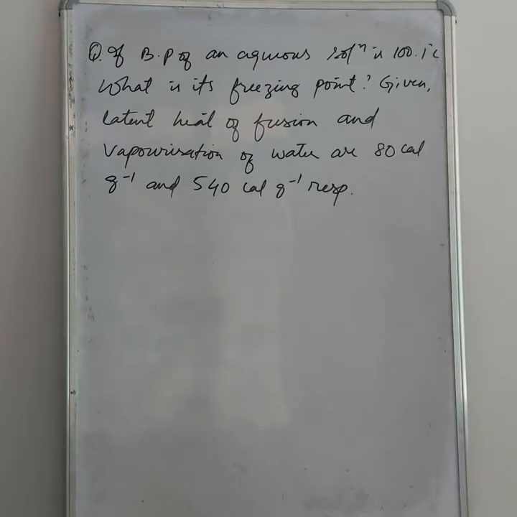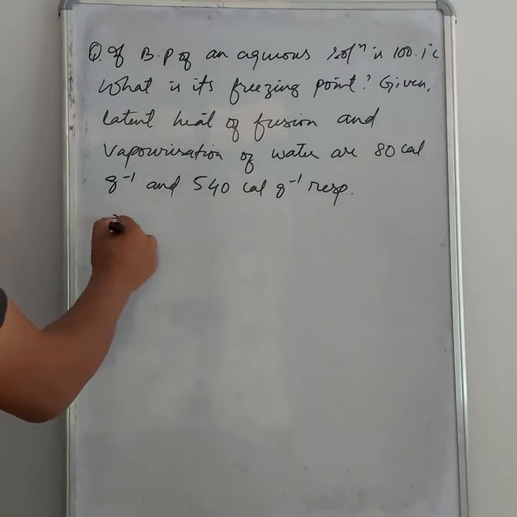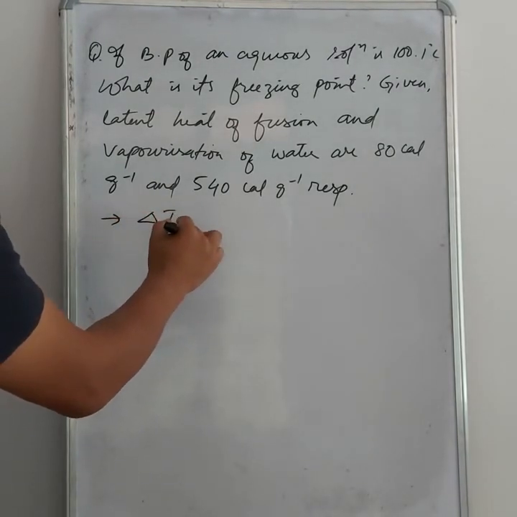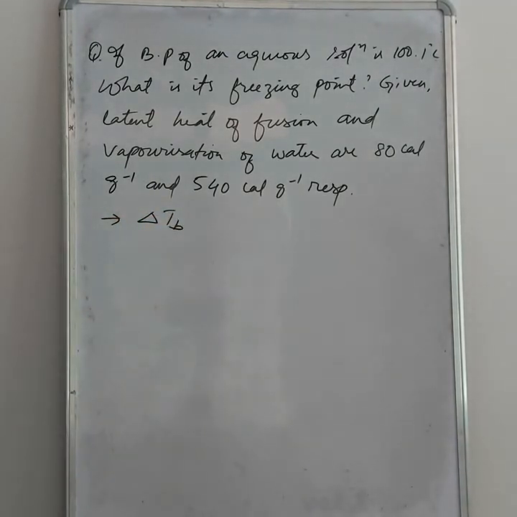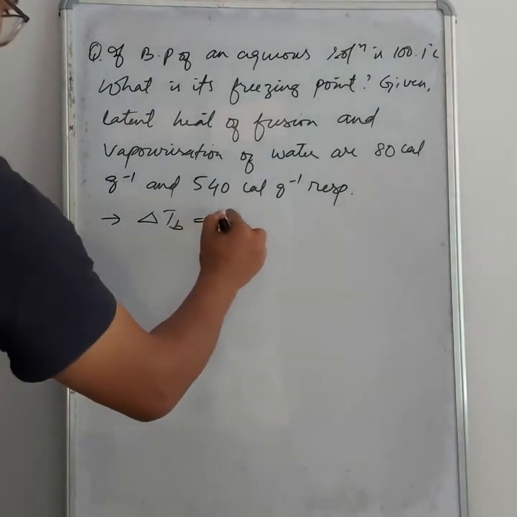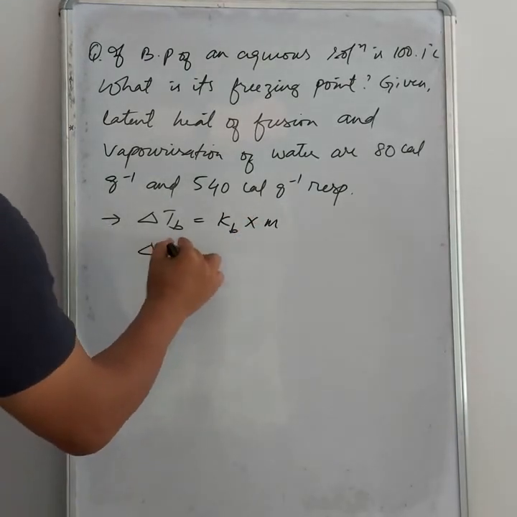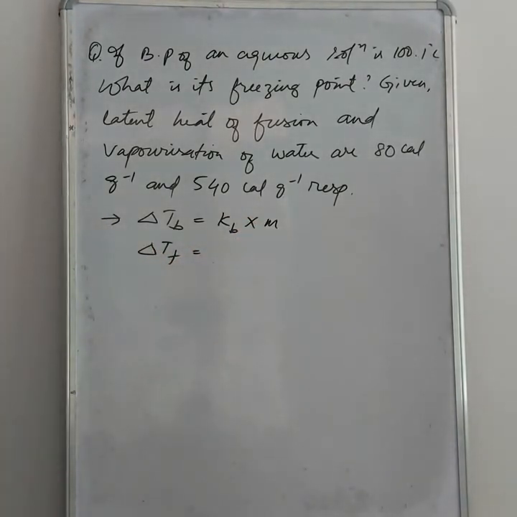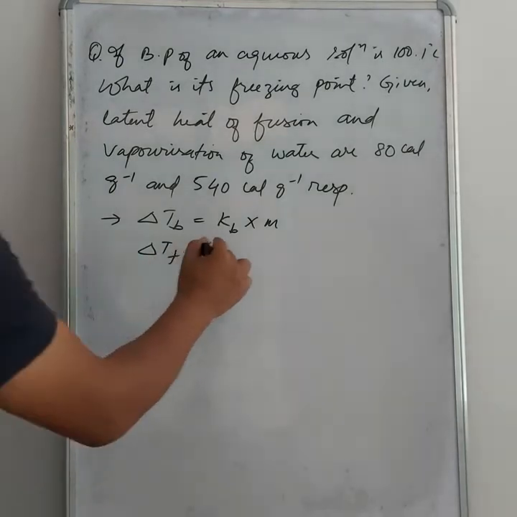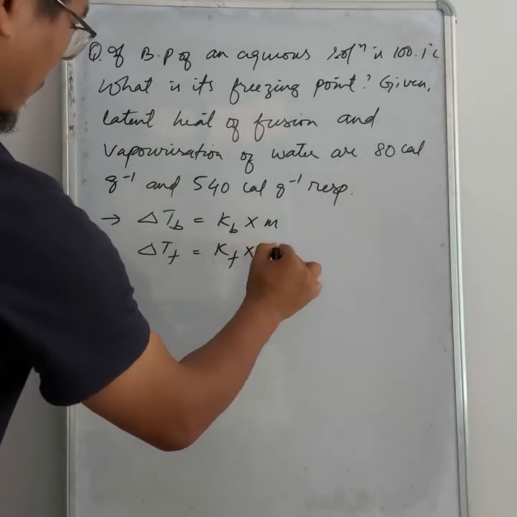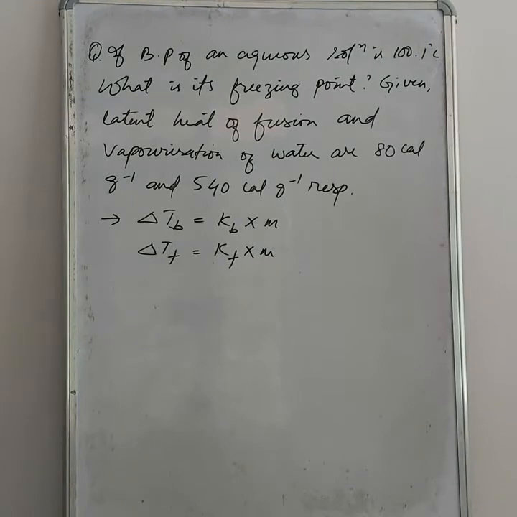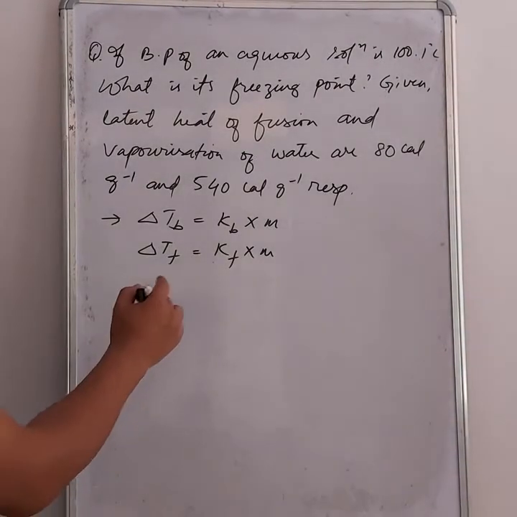We know that the elevation in boiling point is equal to Kb into molality, and the depression in freezing point is also equal to Kf into molality. They are both related by molality and have the same form of constant, so we can equate both.